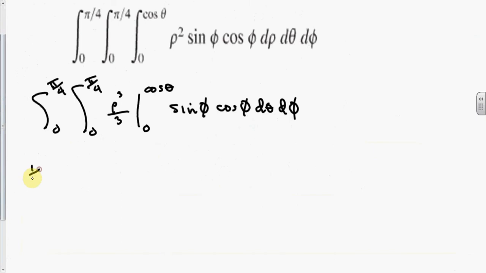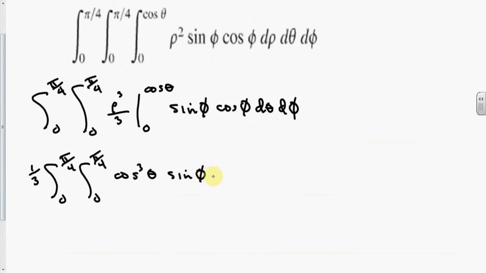So we have a 1/3 sitting out there, the integral from 0 to pi over 4, the integral from 0 to pi over 4. And this is cosine cubed theta. Let me put next to it, it's just sine phi cosine phi. This is d theta d phi.